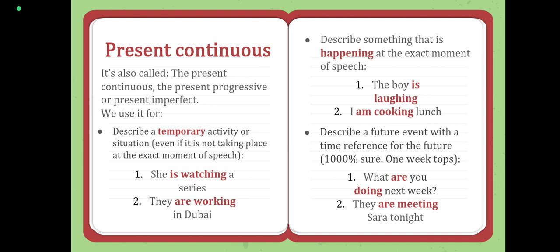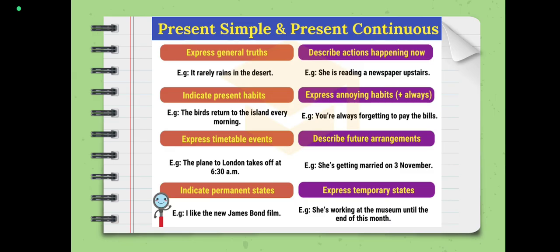Yes, teacher. Okay, great. So here we have more. Well, here we have like a short summary of all the applications, and we have some more applications. For example, expressing annoying habits, including always, for present continuous.